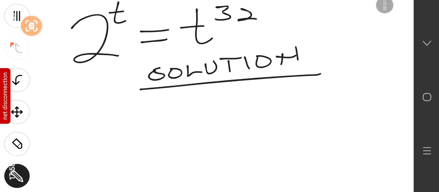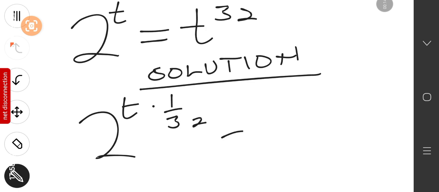To the class. So we have 2 exponent t equals t exponent 32, okay? So we are going to multiply this exponent t here by 1 over 32, and then we are going to multiply this exponent 32 here by 1 over 32.